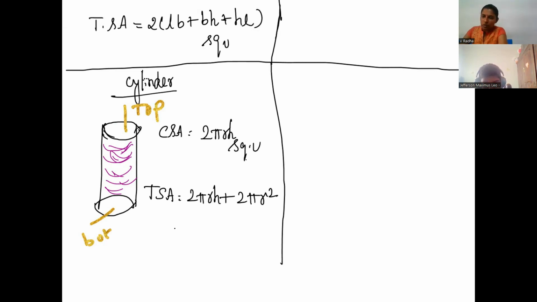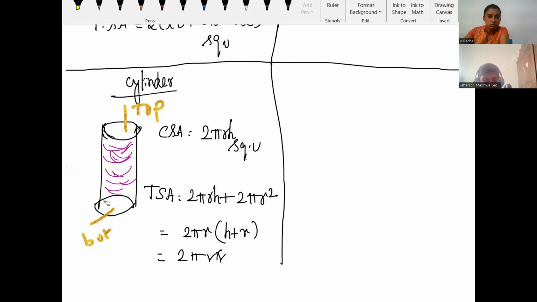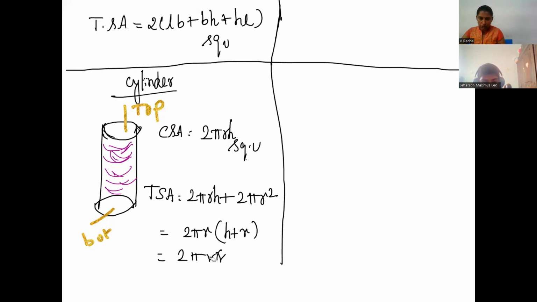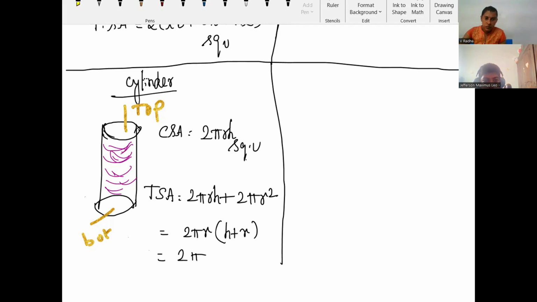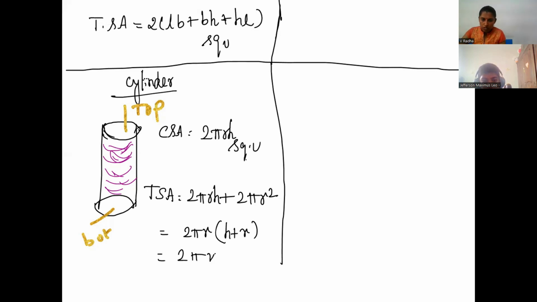Can you understand the formula clearly? So now, in this way, we have to take the common term outside. 2 pi r outside, h plus r inside. Or 2 pi r, r plus h.